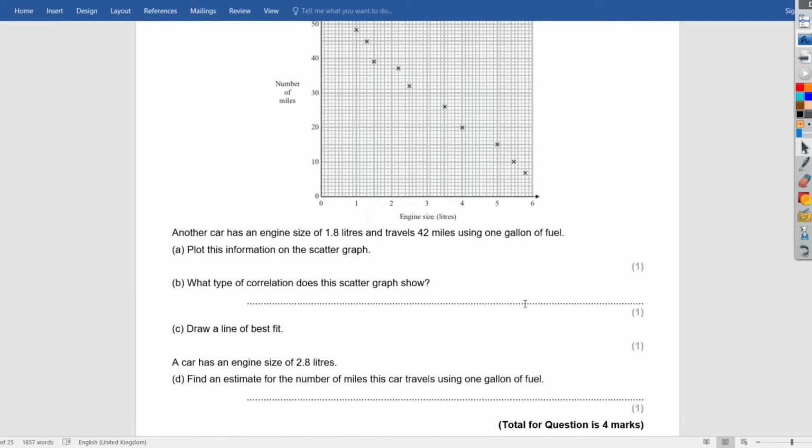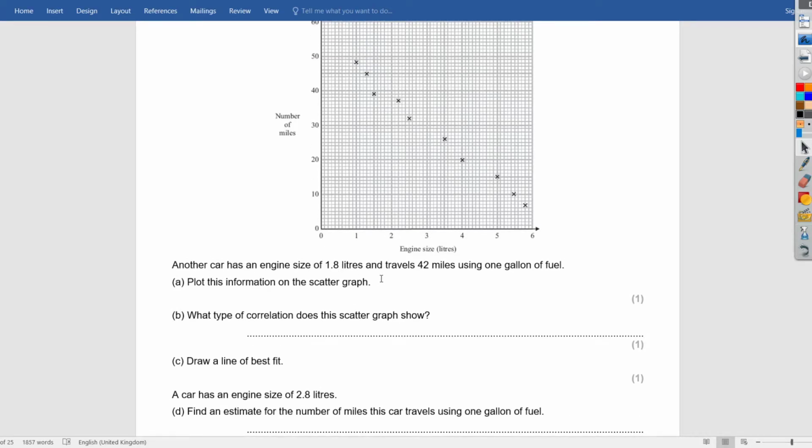Let's draw down. What is it asking us? Another car has an engine size of 1.8 and travels 42 miles using 1 gallon of fuel. Plot this information on the scatter diagram. Okay, let's do that. So engine size is 1.8 and it uses 42.